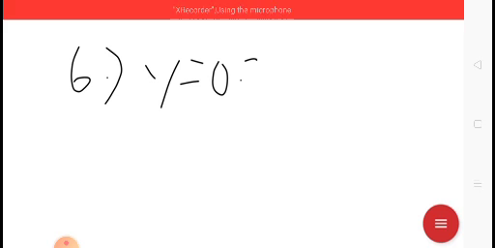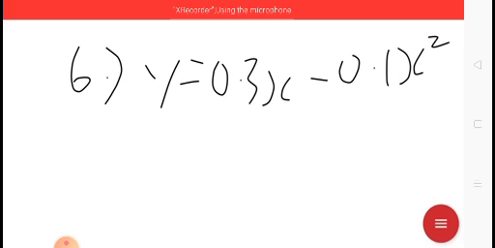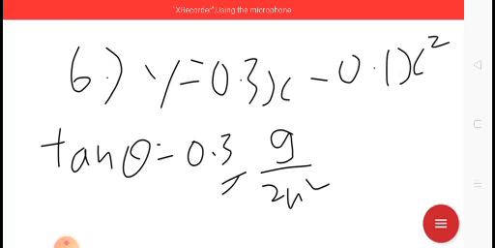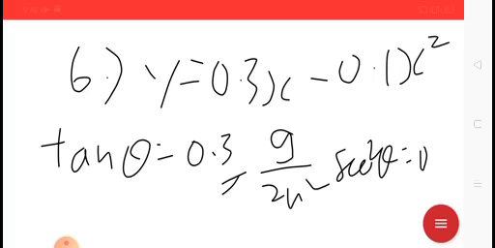Question 6: a projectile follows a path of y equals 0.3x minus 0.1x squared. Find the initial speed and the angle of elevation of the particle. This is the equation given. You can compare it to the trajectory equation. Tangent theta will be equal to 0.3, and g over 2u squared secant squared theta is equal to 0.1.